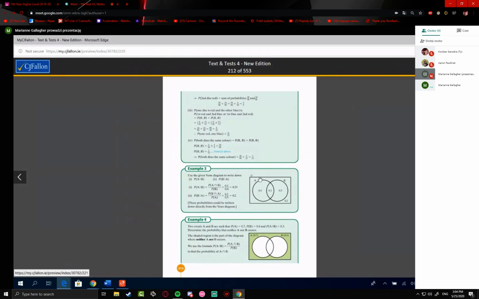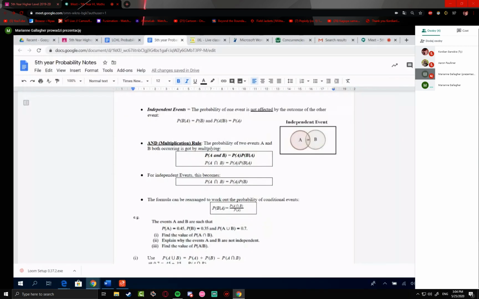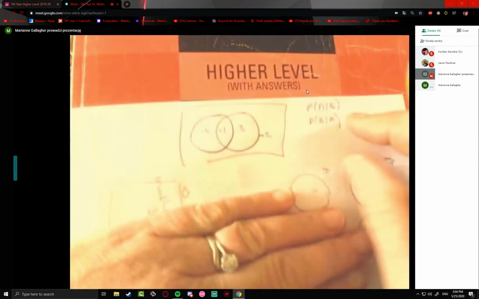If you look at example 3 here, you've got 0.4, 0.1, 0.3, 0.2. So here's your Venn diagram.